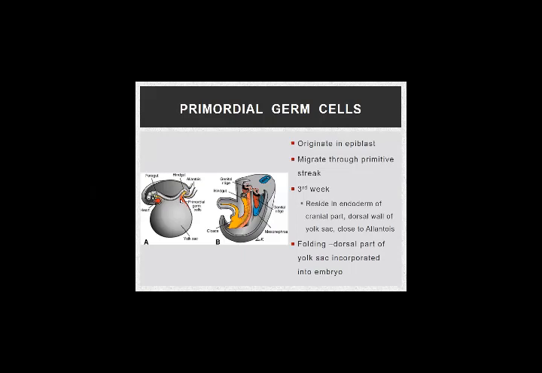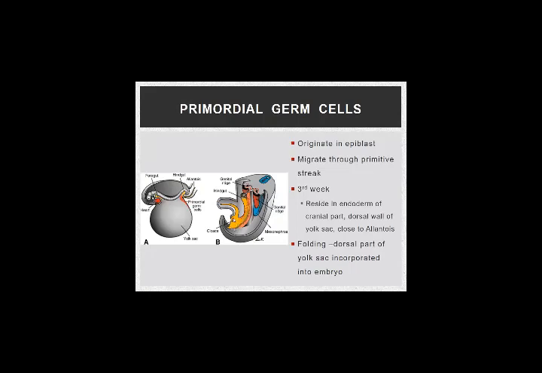Now, this area is close to the developing allantois. This is the allantois. I hope you understand that this is the foregut, the yellow part. This part would develop into the midgut, and this is the hindgut. And the dilated part of this hindgut was the cloaca.